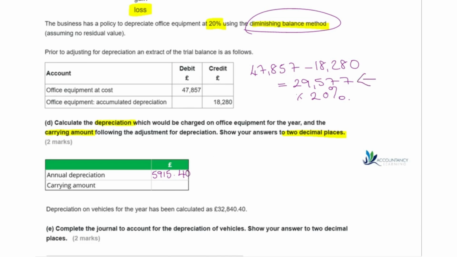Now we take the carrying amount, then take off the depreciation to give us the new carrying amount now of £23,661.60.